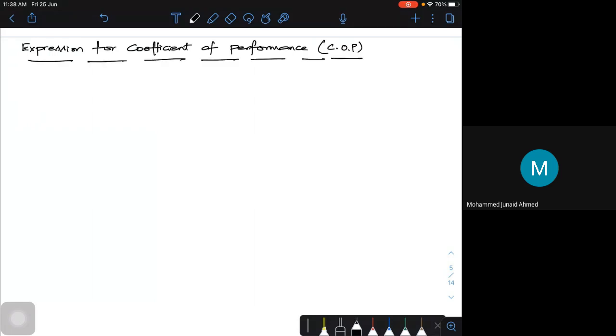What it is actually. So we know that from the second law of thermodynamics, COP is defined as heat absorbed by work done or work supplied.